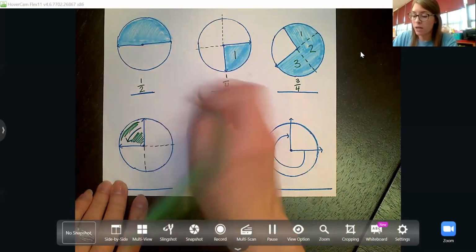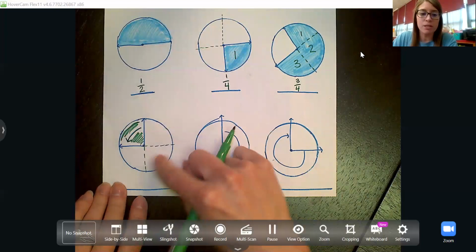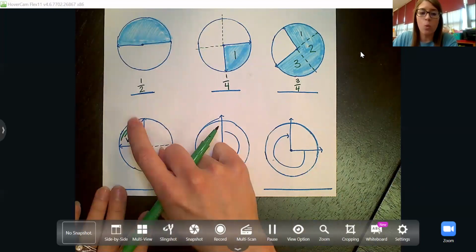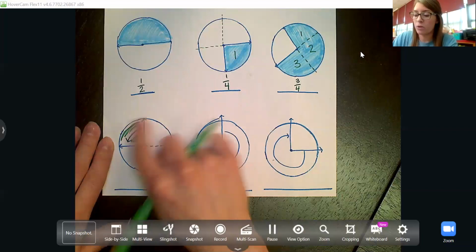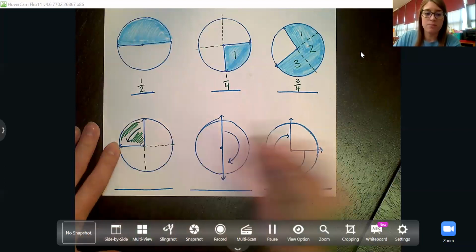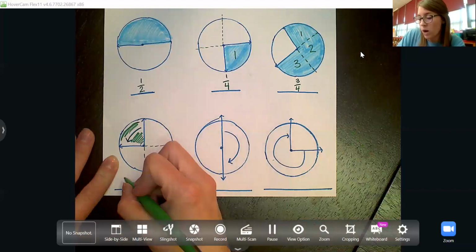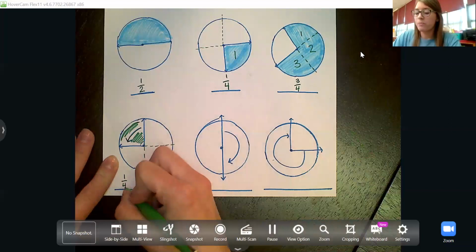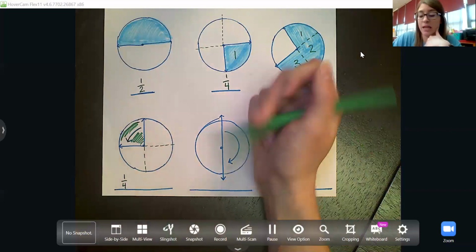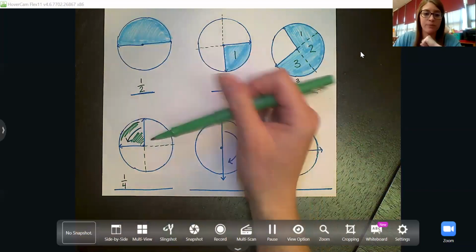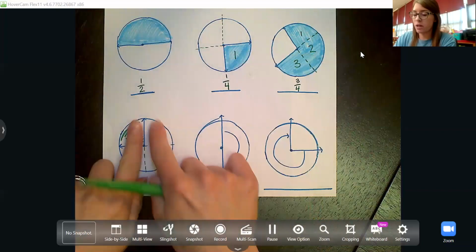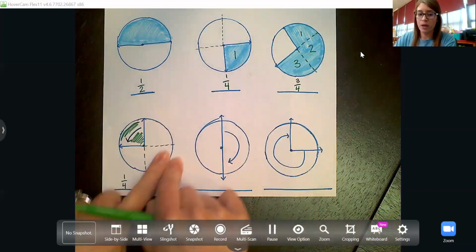And now I've got 1, 2, 3, 4 parts of this circle and only 1 is shaded in. So what fraction would we use to describe this part? Very good. 1/4. But now we've got to look and see, does this make a clockwise turn or a counterclockwise turn? Clockwise goes this way.